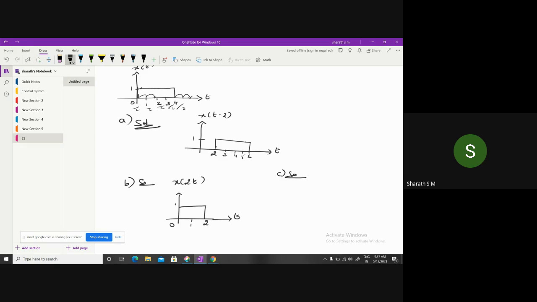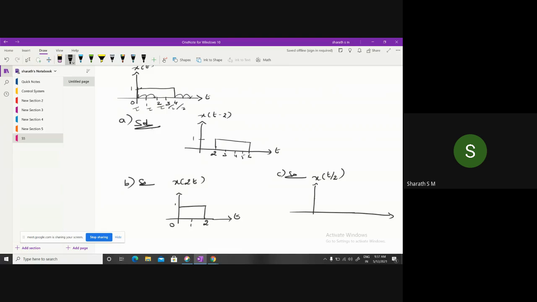What about the third solution? X of t by 2. Here we need to multiply the scale by 2.